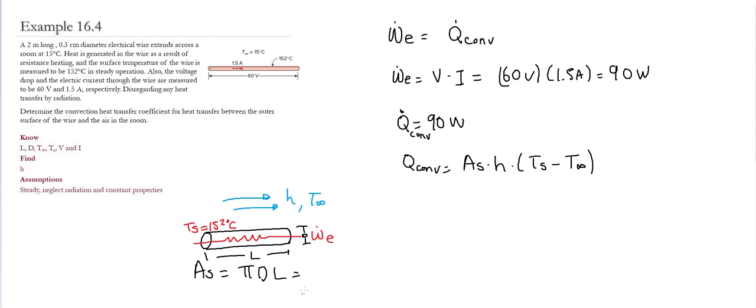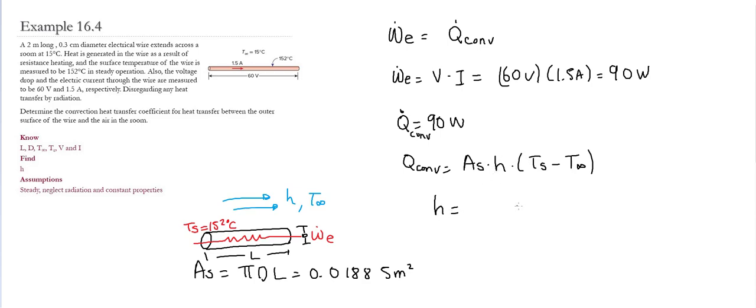Using the values, we find that the surface area is equal to 0.01885 meters squared. Our goal is to find the convection heat transfer coefficient, so we solve this equation for that.